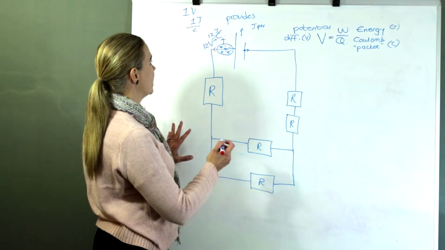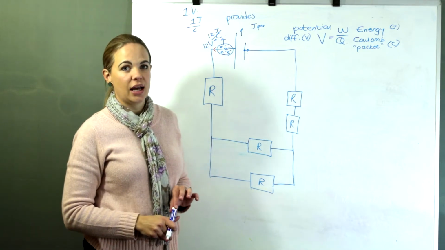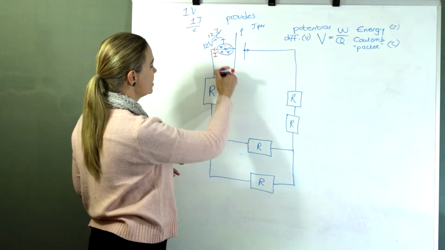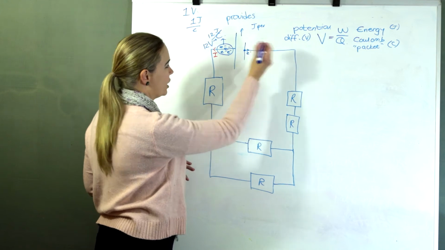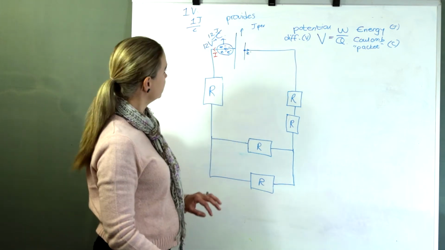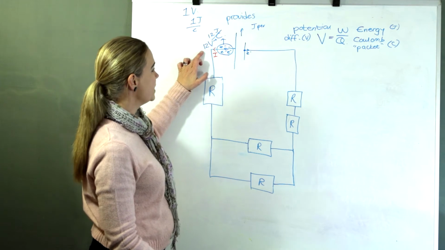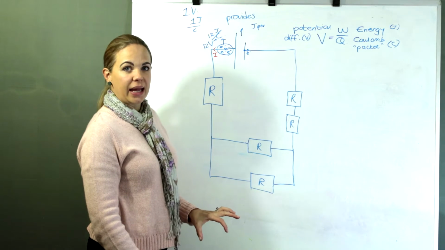That doesn't change, even though our knowledge of the movement of electrons has changed. So the current moves from positive to negative, but just bear in mind that electrons actually move from negative to positive.